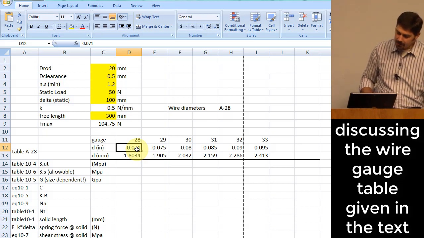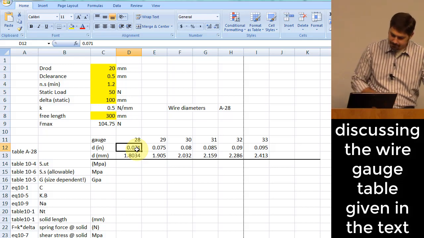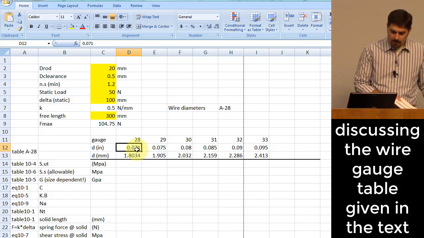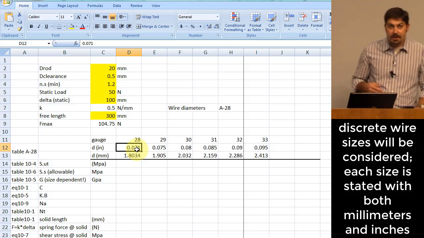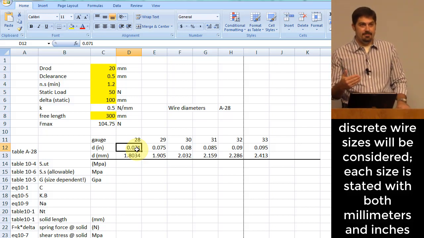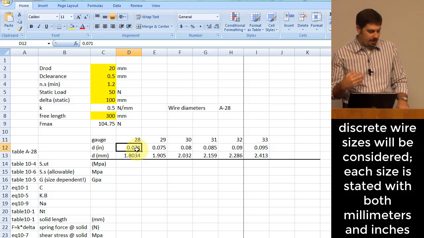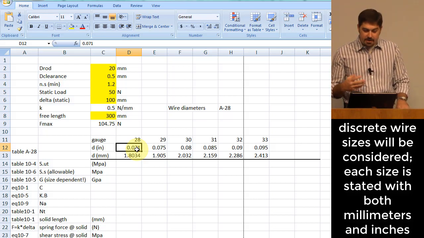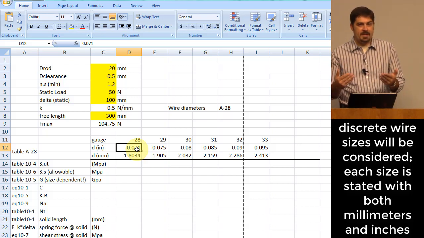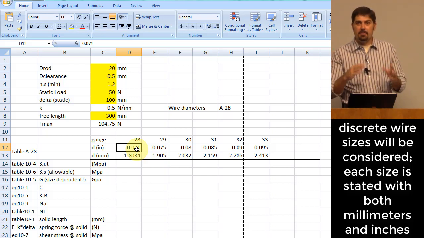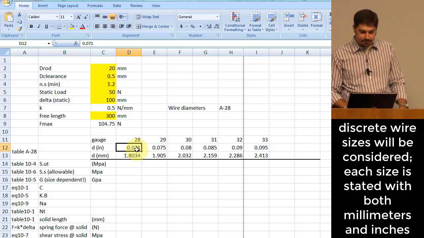But I think I got them transcribed correctly. This is important because we're trying to limit ourselves to only using those diameters for our problem. That's interesting because it creates this discrete problem. It also helps us out a little because we don't have an infinite variability of the diameter of the wire.